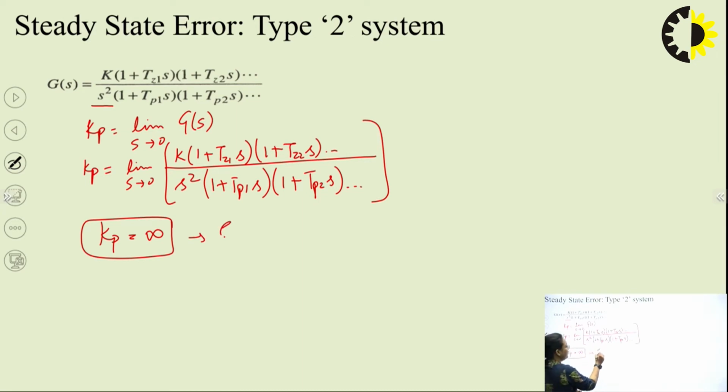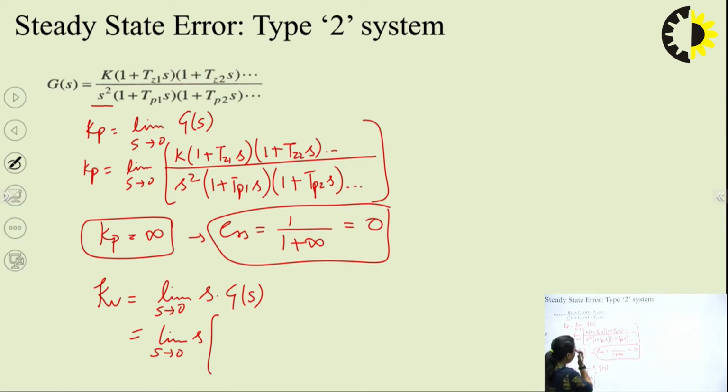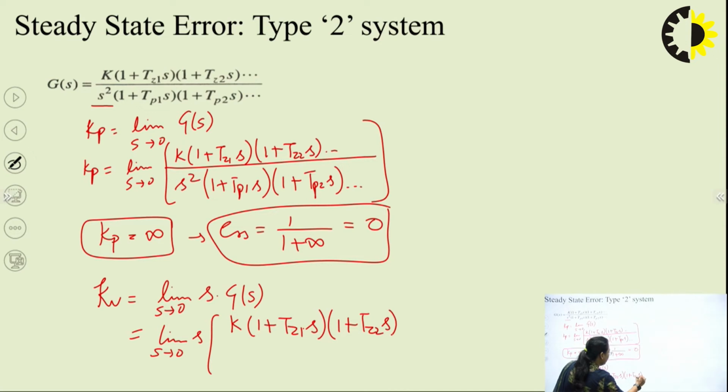And the corresponding steady state error again will become 1 upon 1 plus infinity, means 0. Right. Now Kv, here limit s tends to 0 of s into G(s). Putting the value of G(s) again here, it will become infinite, because I am having s square in the denominator. One s will get cancelled with the numerator, but the other will remain.